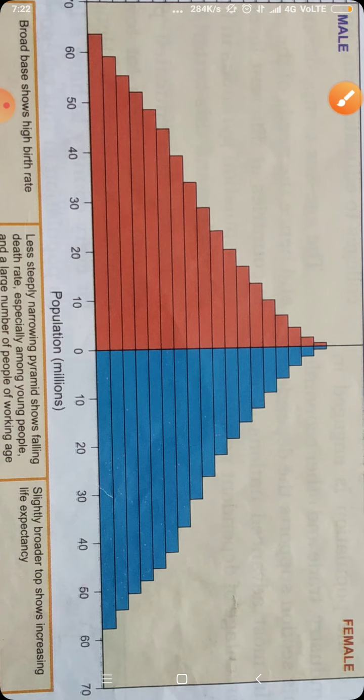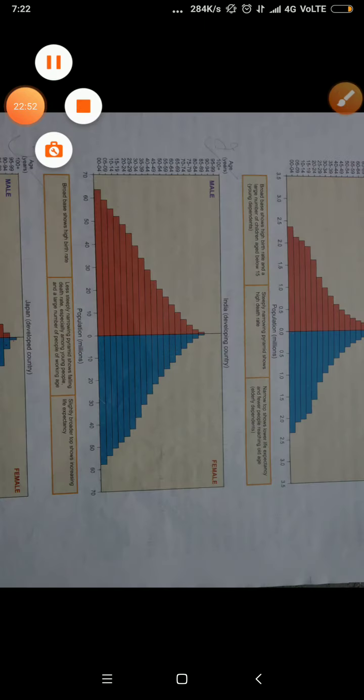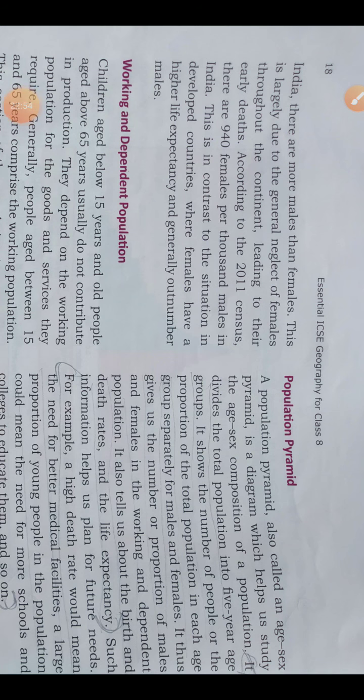Okay, after observing it, we came to the last page now. For India, we were studying sex ratio. Sex ratio gives the relative number of males and females in the population. It is expressed as the number of females per thousand males. In most of the Asian countries, including India, there are more males than females.